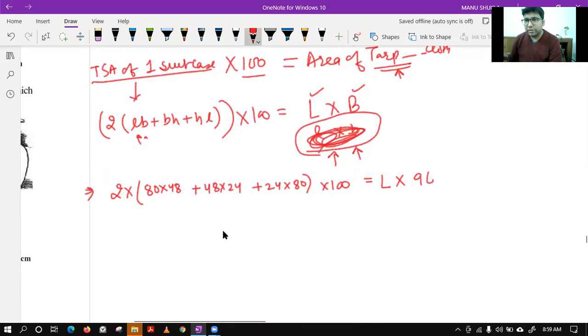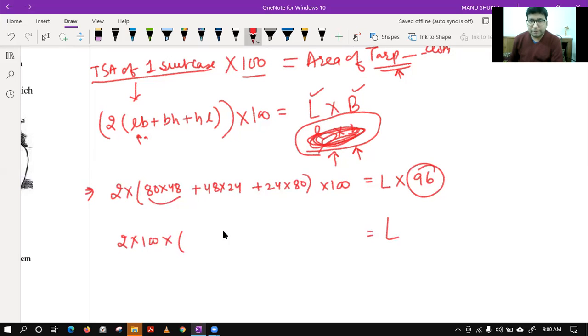So class, first thing, all things are in centimeter only, so there is no problem. Second, to find a variable, from childhood we have known this thing. We have to isolate, or focus on the thing which we have to find. So let's isolate the L. This 96 is multiplying on this side, it will divide on that side. So let me write like that: 2 into 100 into 80 into 48.